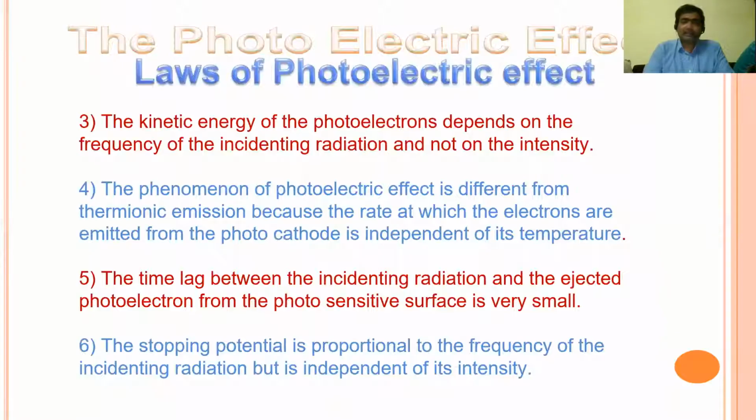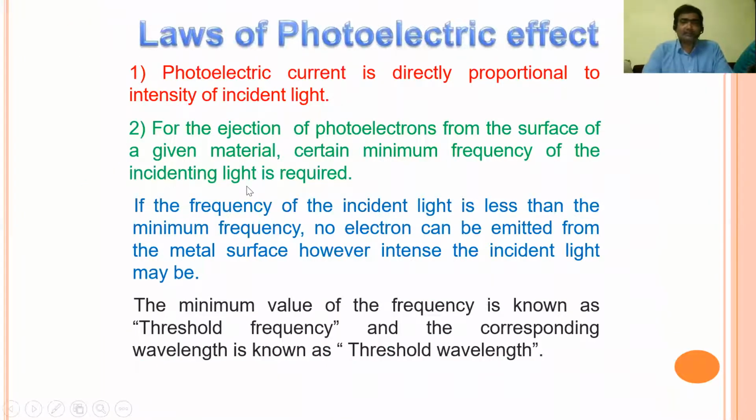The second one also you can understand from the same demonstration. For the ejection of photoelectrons from the surface of a given material, a certain minimum frequency of the incident light is required. So you observed that red light is not capable of emitting the electrons because its frequency is less than this minimum frequency to eject the electrons.